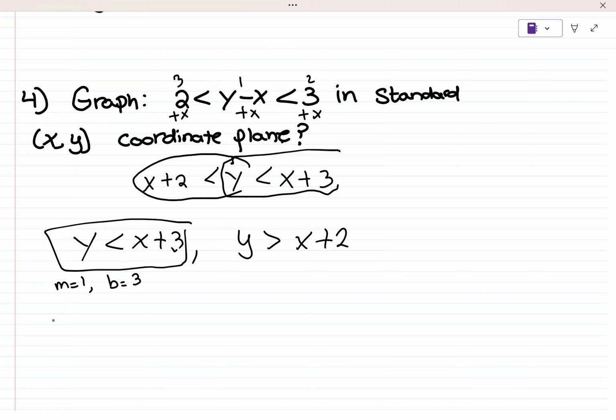It is going to be dash, right? Why is it dash? It's because it doesn't have an equal sign. Here, the same thing here. What is my slope and what is my b? My slope is 1 and my b is 2. And this is also dash because it does not have an equal sign. Okay, so use that information to start graphing.